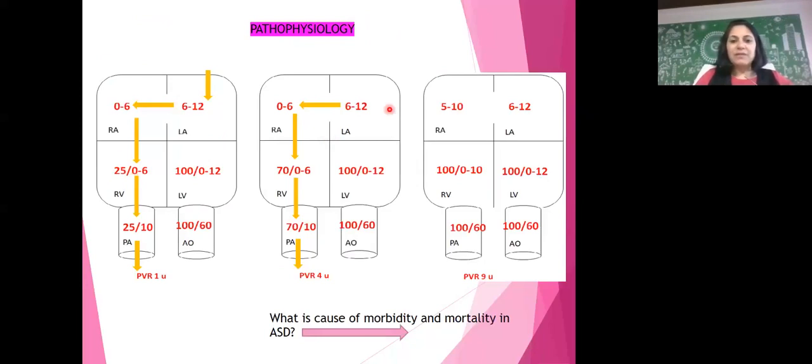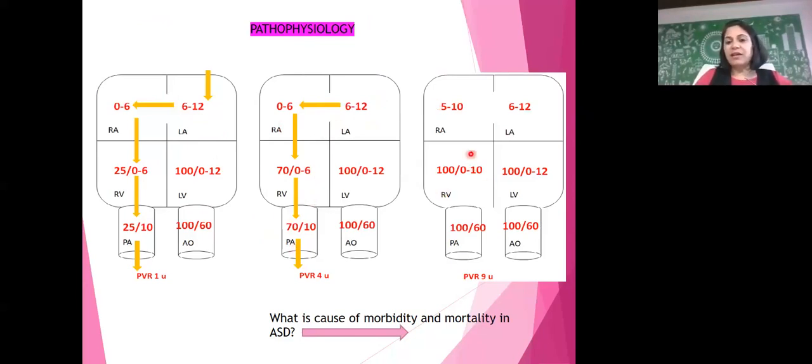Then what happens if you keep having that left to right shunt over years? With ASD, it's a low pressure system. LA is 6 or 7. RA, if it's a large ASD, is also 6 or 7. So it's a low pressure left to right, but high flow. So you get lung pressure starts going up over time.